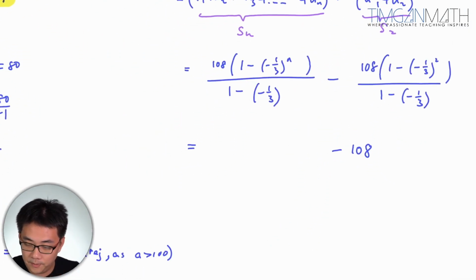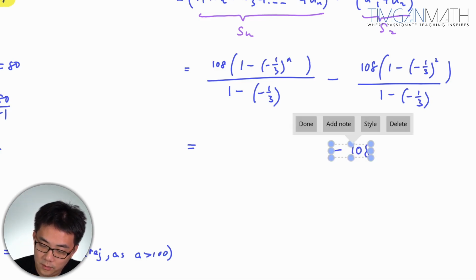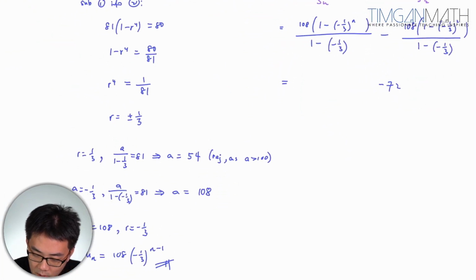So this case would be 108 times (1 minus 1/9), which gives 72. So this would be 72.